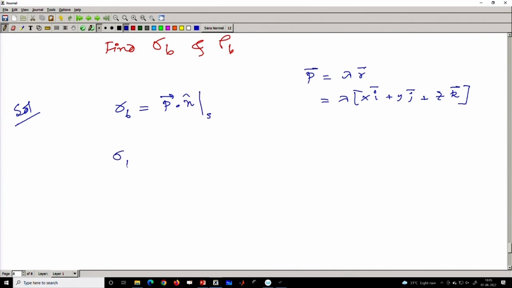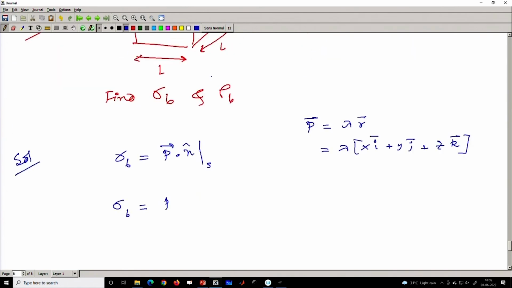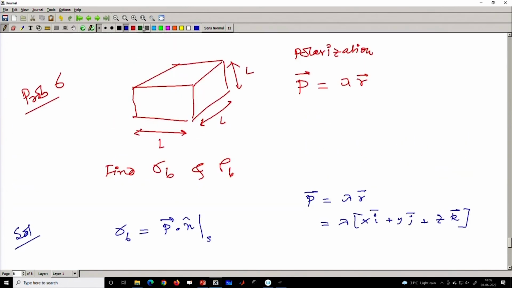For one surface I can simply calculate at x equal to L by 2, if I consider my coordinate origin at the center of this block.